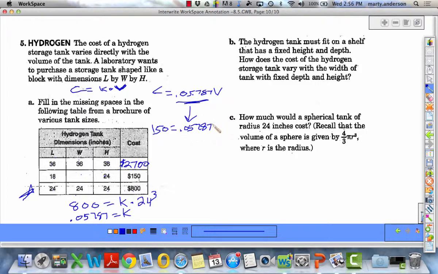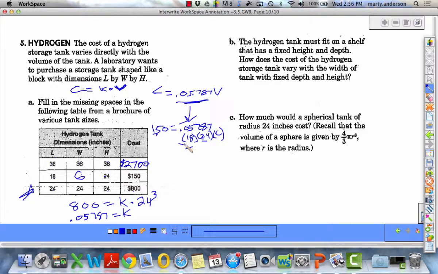So I can solve for W. If you take 150 divided by that product, you're going to get 6. You can do it on your calculator, or you can take my word for it. It's really up to you.